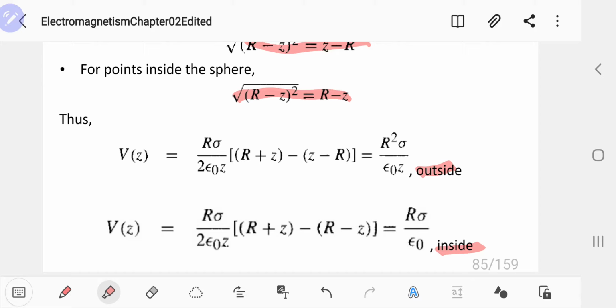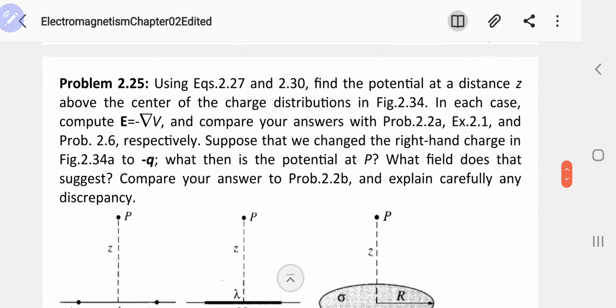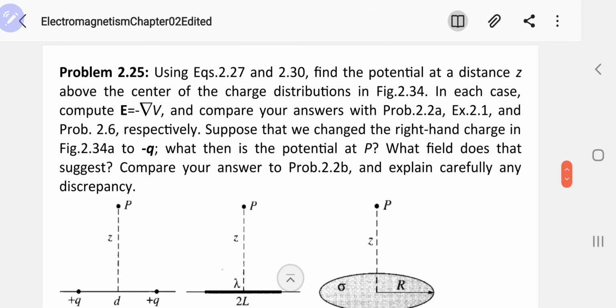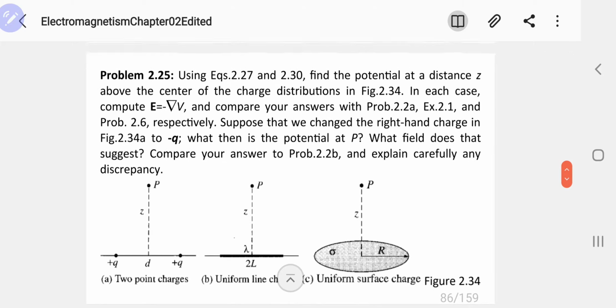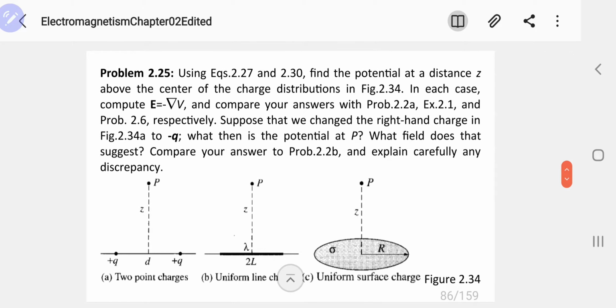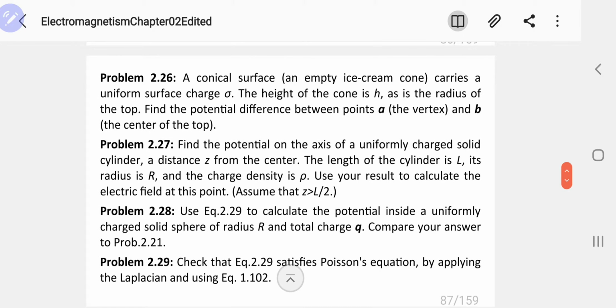So that's it for the example. So we now proceed. You can also try this problem at your convenient time. Problem 2.25. You also have other problems here, 2.26, 2.27. I'll not be reading these to save time.